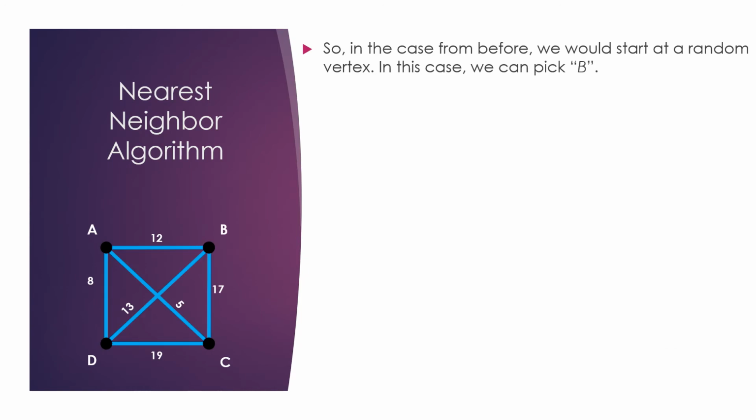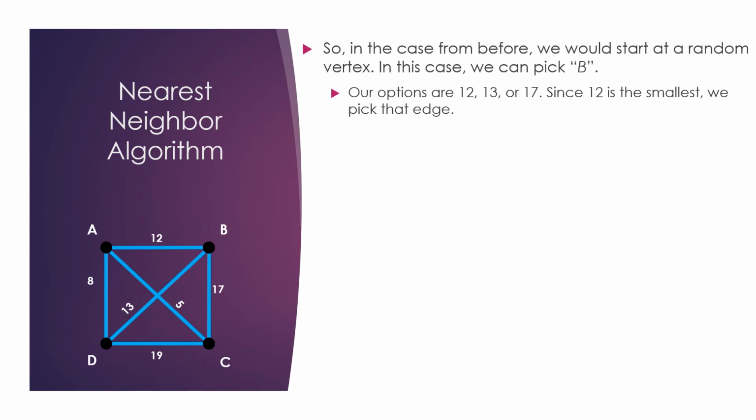We're going to pick a random vertex. I'm going to pick B, but you could have easily done this with a different vertex. And we're going to get to that in a minute. But for now, we're picking B. From B, there are 3 edges connected to B. One has weight 12, one has weight 13, and one has weight 17.